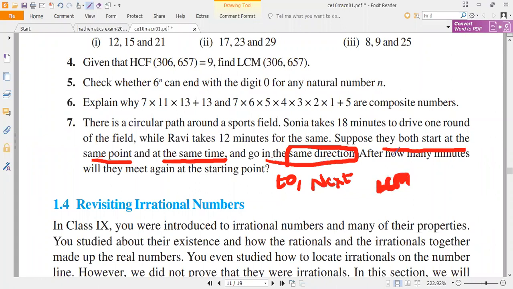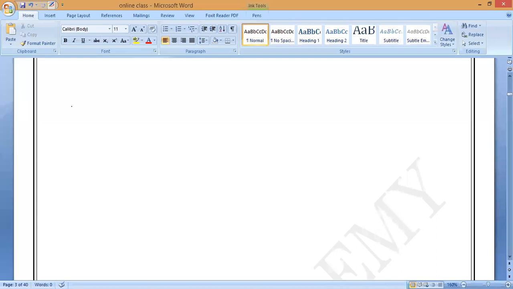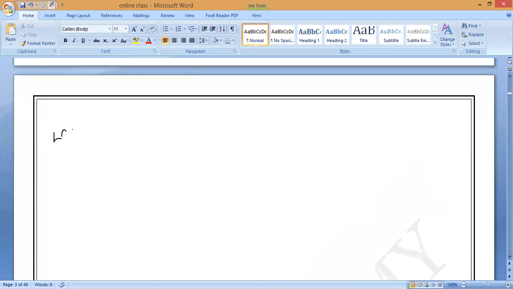All of you note down keywords for LCM and HCF. First LCM. Least means LCM.